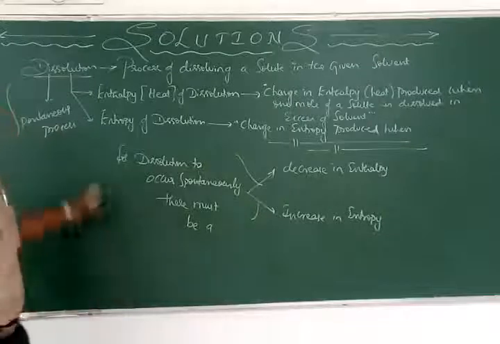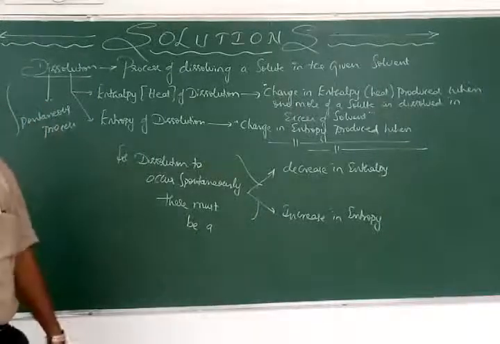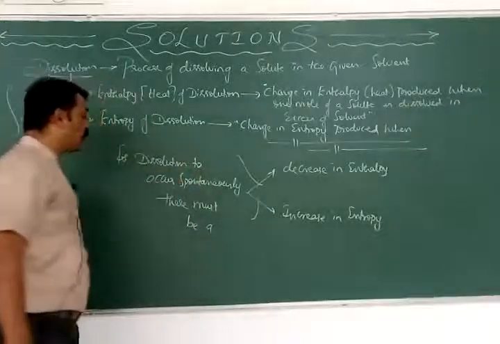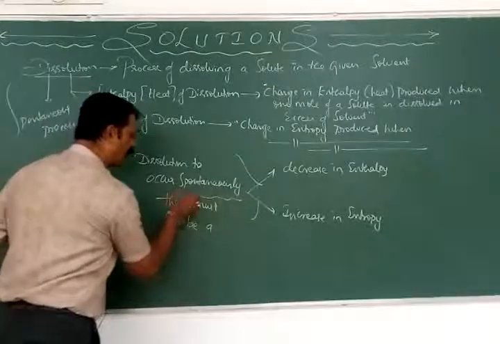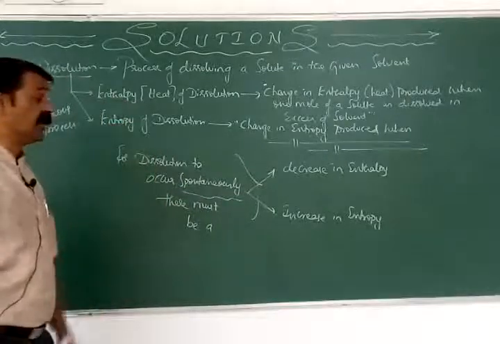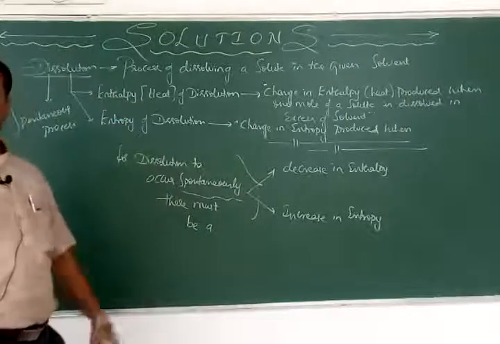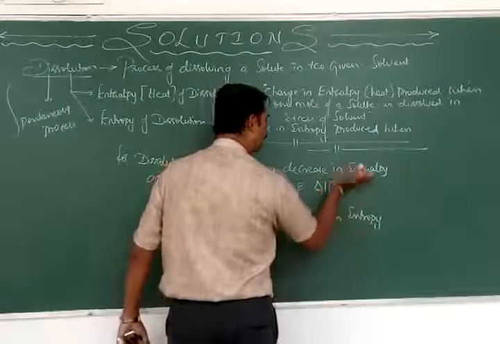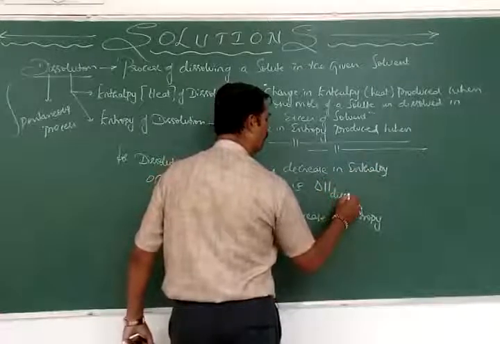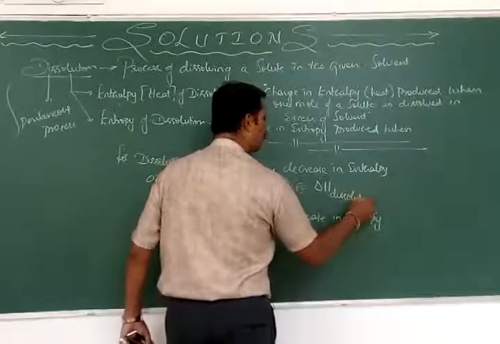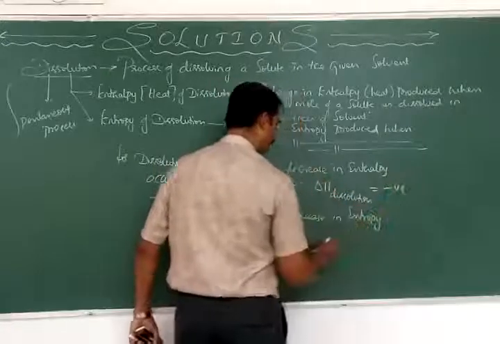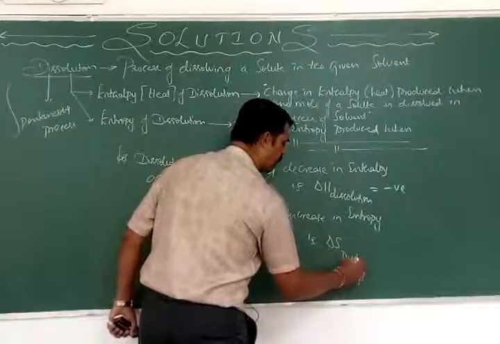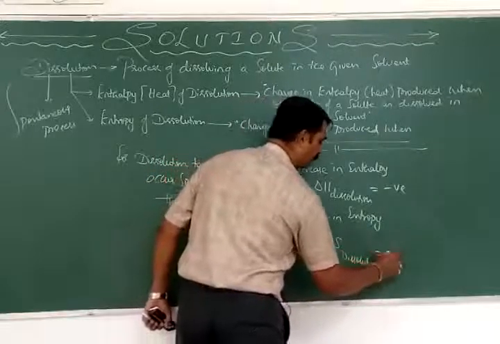It is the best criteria for the spontaneous process to take place. So for the dissolution process to occur spontaneously, there must be a decrease in the enthalpy and an increase in the entropy. That is, delta H of dissolution is negative, whereas delta S of dissolution is found to be positive.